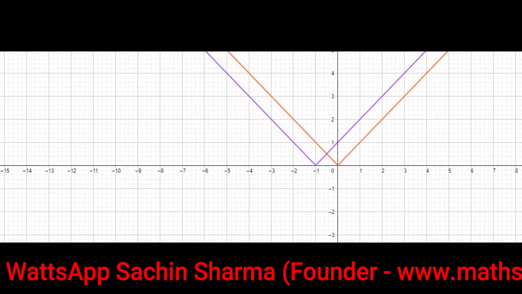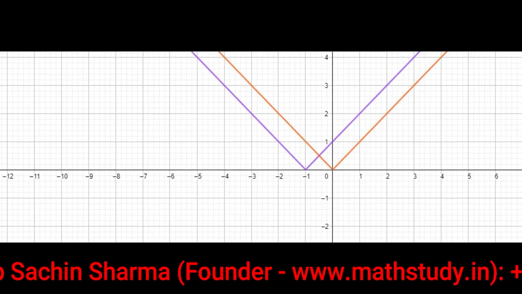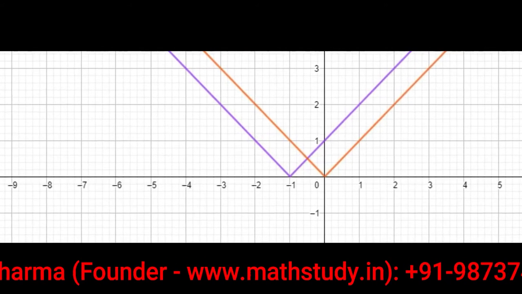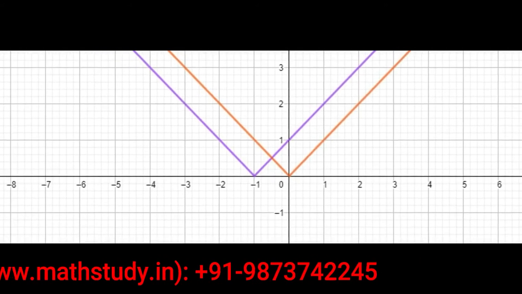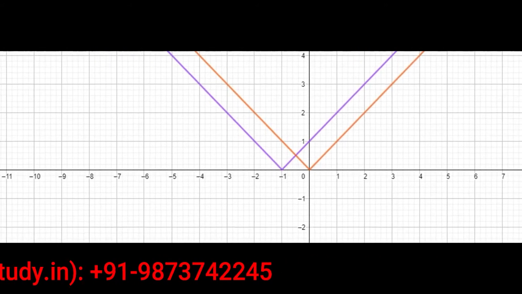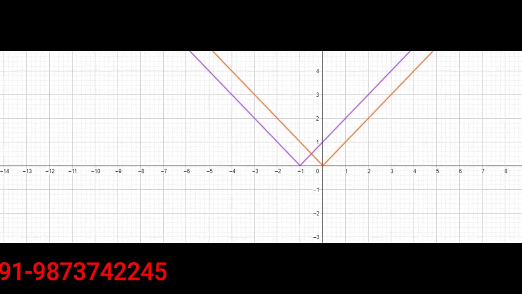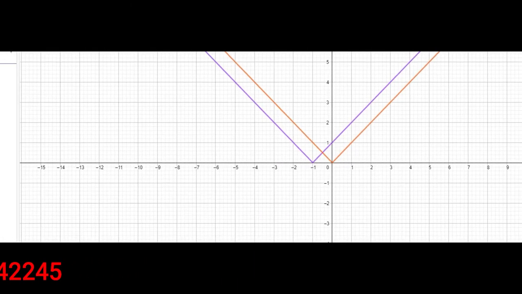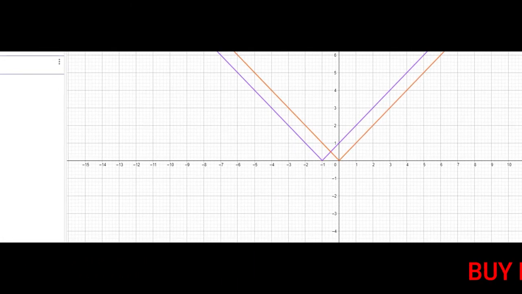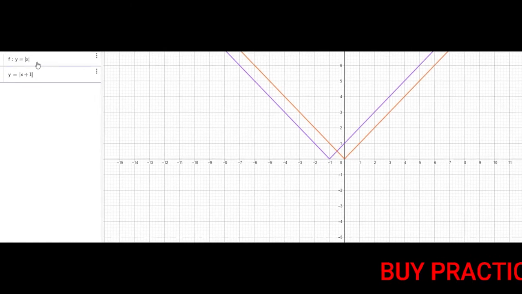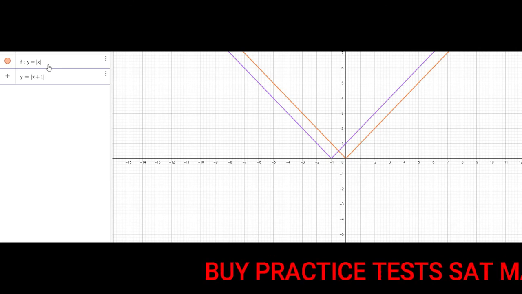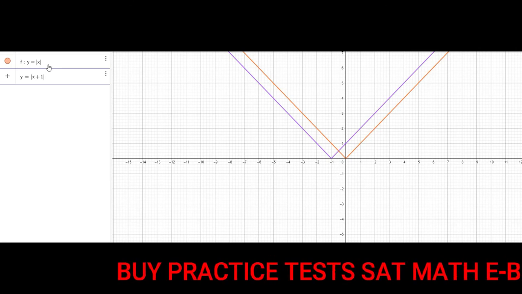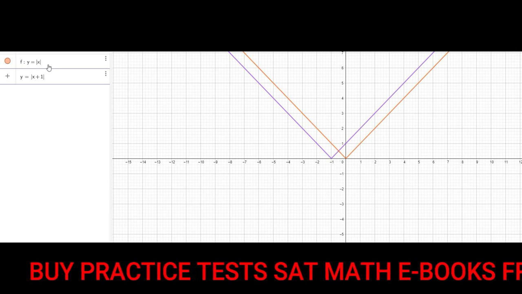So here we can see that the value of y will remain the same, but the value of x is reduced by 1 unit here, right? Why? Because if we put x plus 1 is equal to 0, we get x is equal to minus 1. That means minus 1 is a point where y is 0 here.